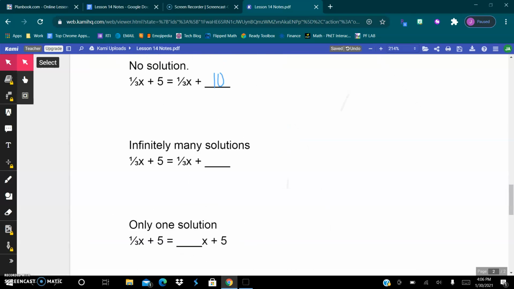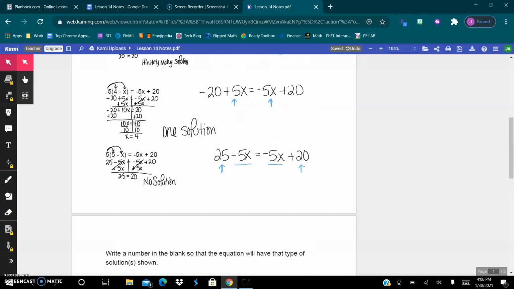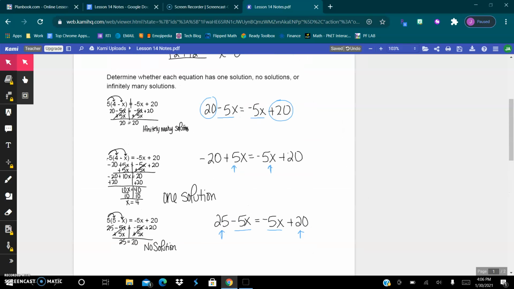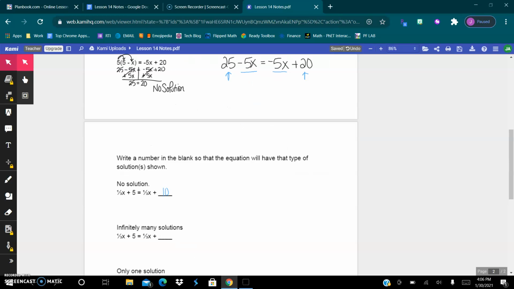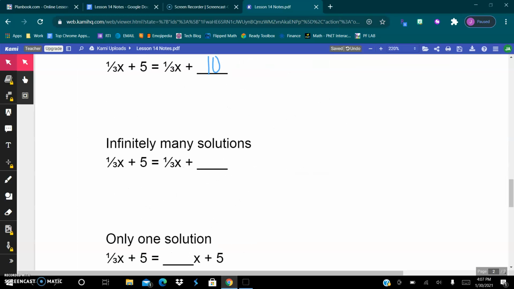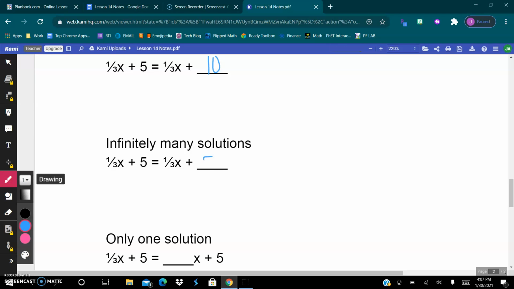Infinitely many solutions. If I go back up and we look, infinitely many solutions had the exact same coefficients with x and the exact same numbers on the constants on both sides. So this one has 1/3 x plus 5. The other side needs to be 1/3 x plus 5 as well to be the exact same for infinitely many.